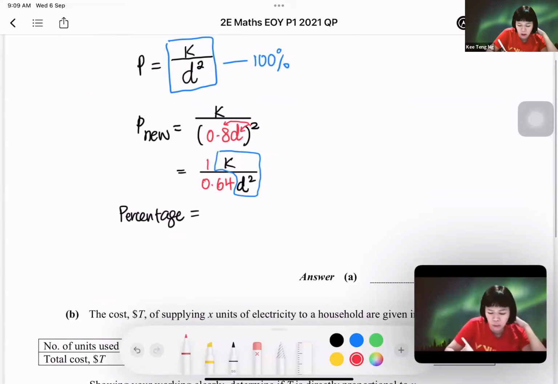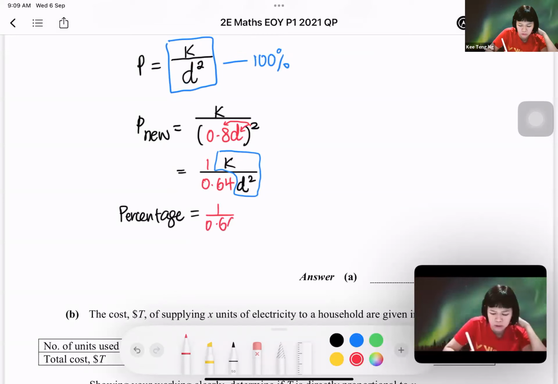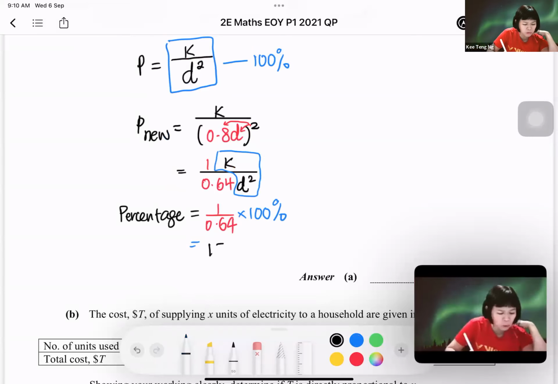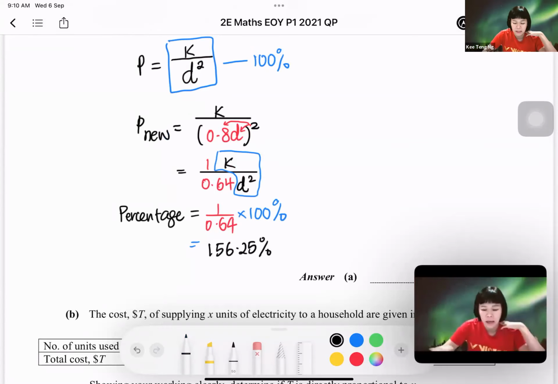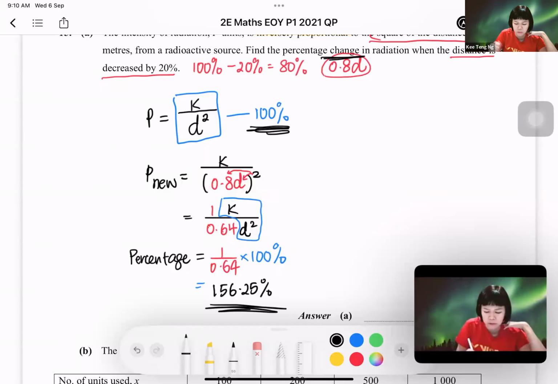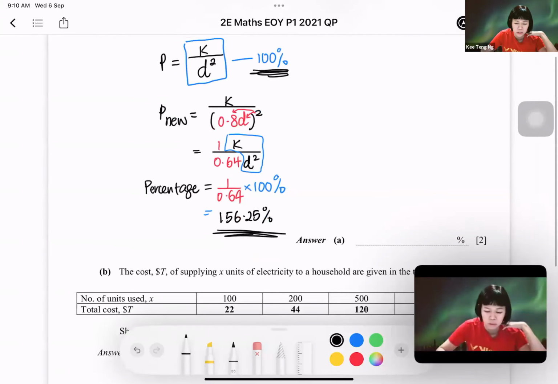So I'm going to take 1 over 0.64 times my 100%. So I take 100 divided by 0.64, and that gives me a new value, 156.25%. Okay, and now they ask me for percentage change. So originally 100%, now 156.25%. So what is the percentage change? That will be 56.25% change.